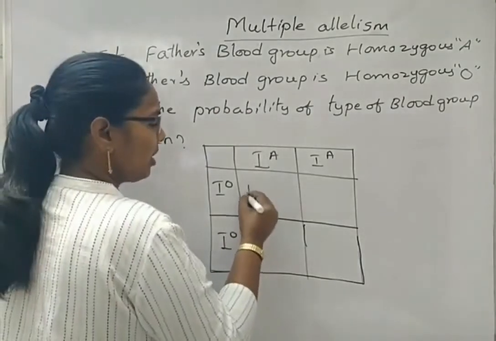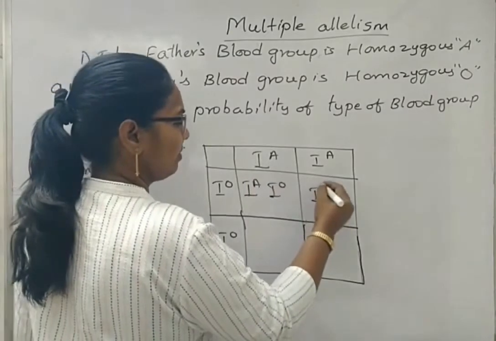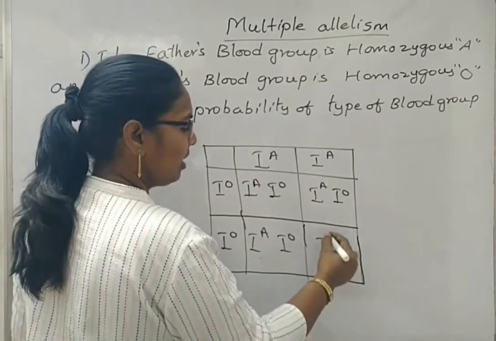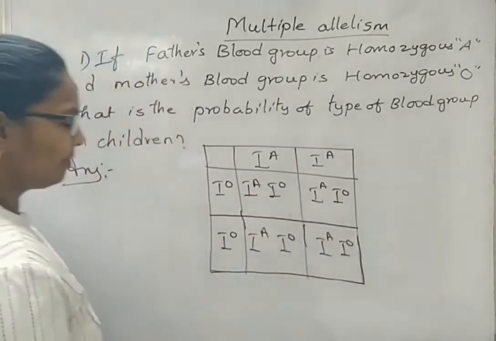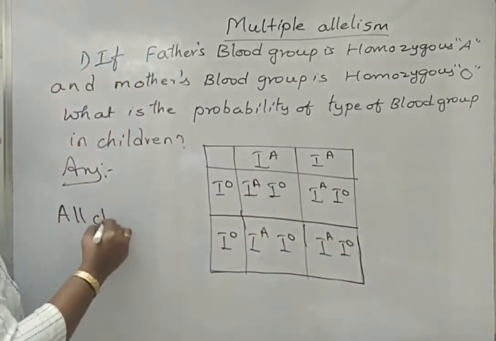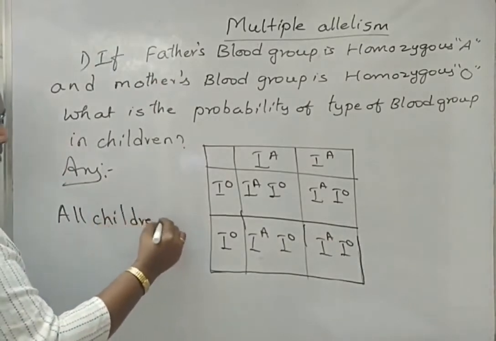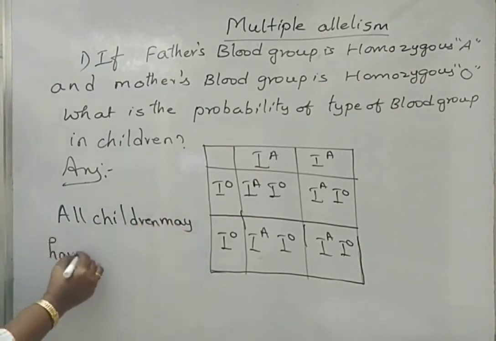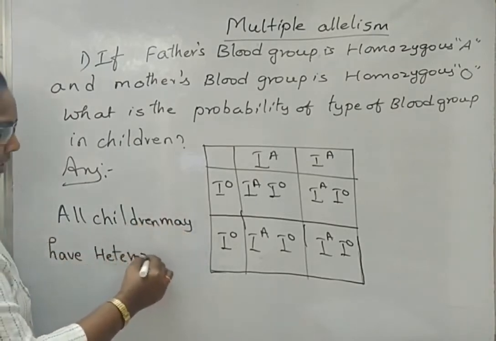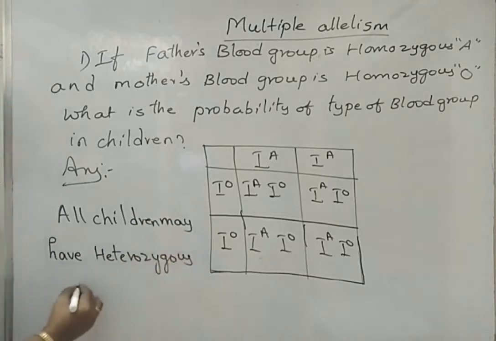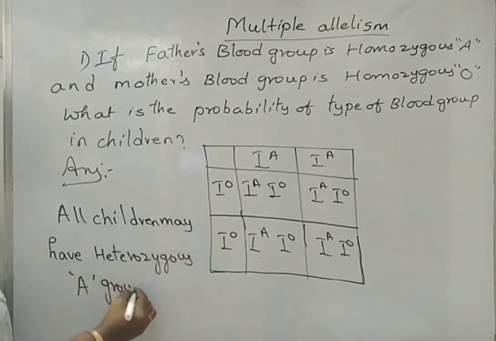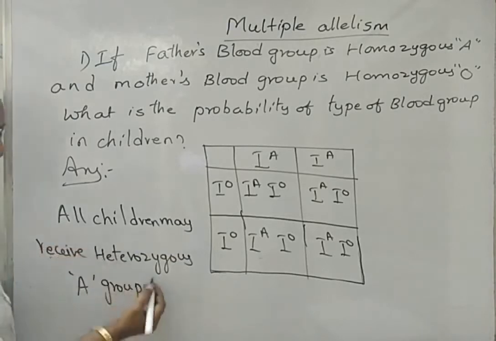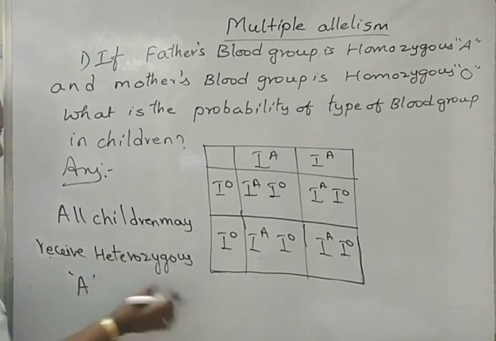Now, what is the chance in the babies? All are of blood group A, but all children are of heterozygous nature. Answer is all children may have heterozygous A blood group.